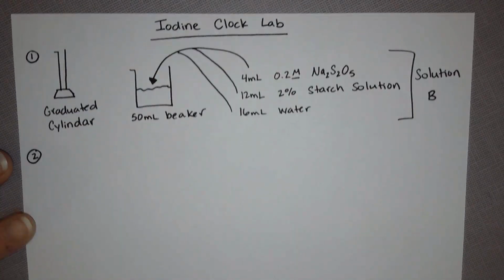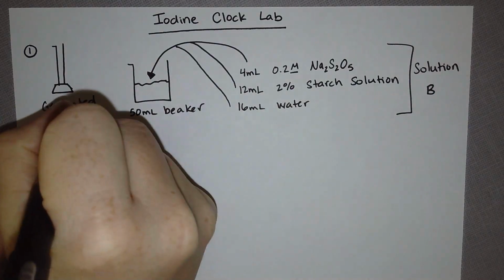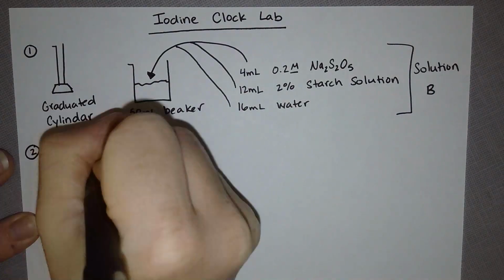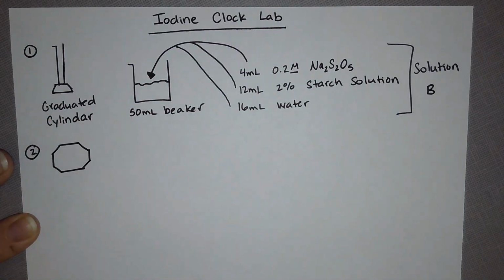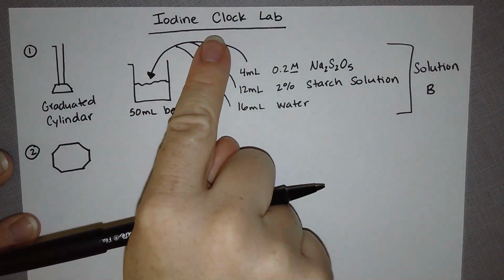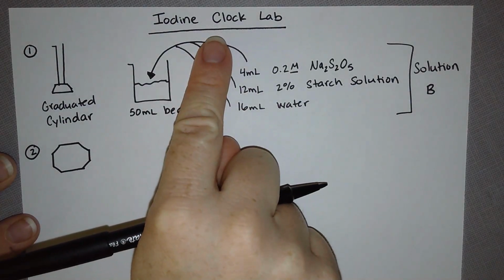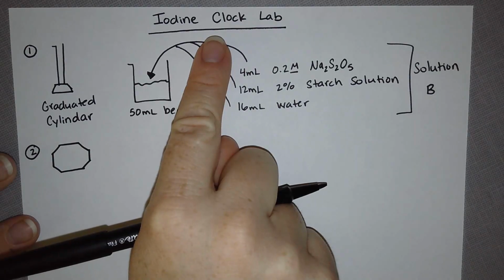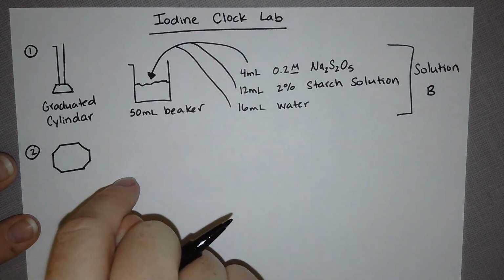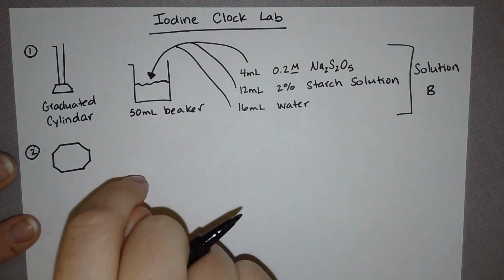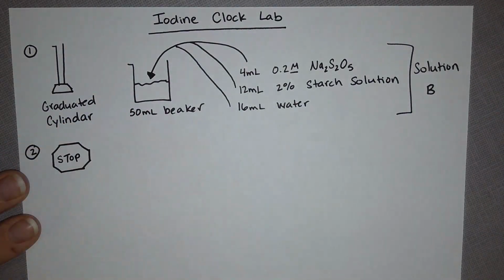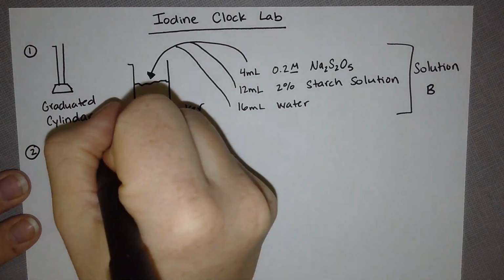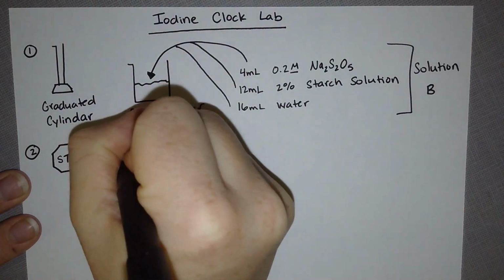Now, after we make solution B, it is very, very important that you stop everything and clean. The reason this lab is called a clock lab is because we can accurately predict the time it takes to react. However, that accuracy is very dependent on having non-contaminated solutions. So after we make solution B, we want to stop what we're doing, and we want to clean anything that we use in step 1.